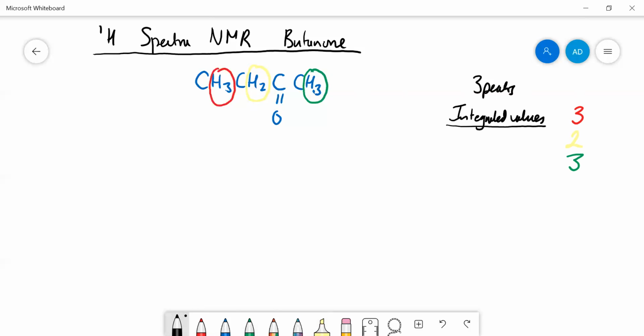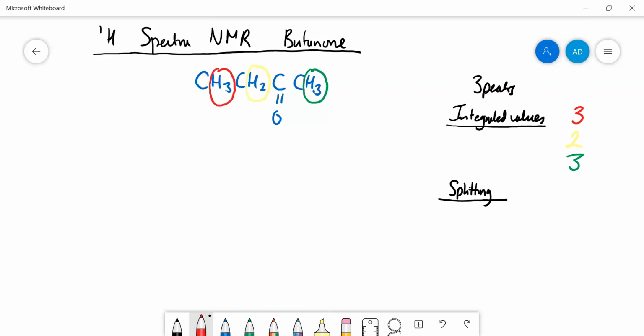Let's have a think about the splitting. So each of those peaks will be split, or maybe split. Now let's have a look at the red one. The carbon next door has got 2 hydrogens on it.